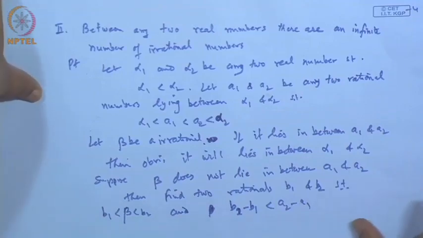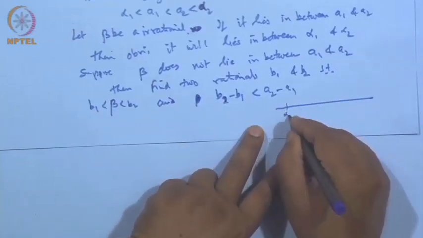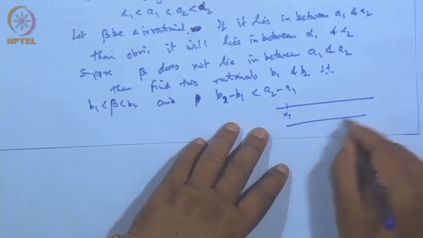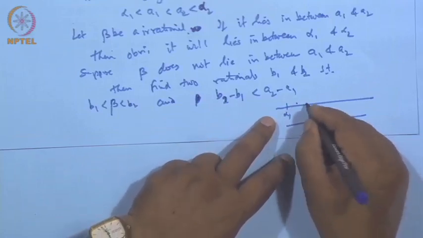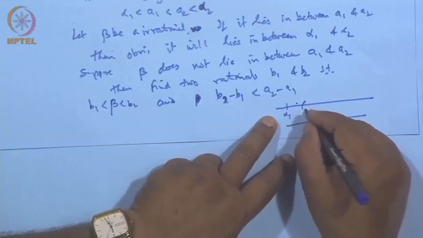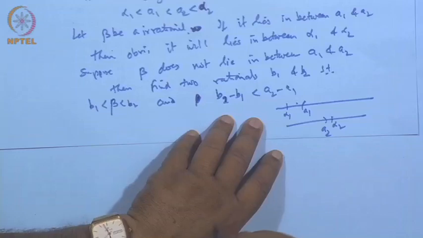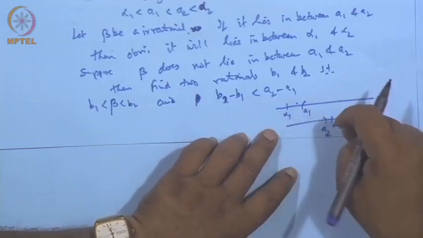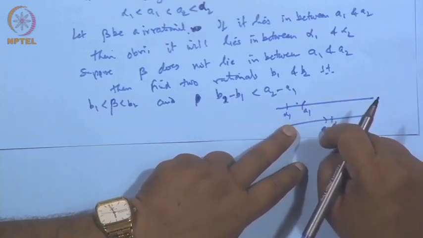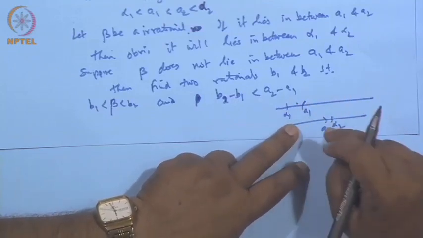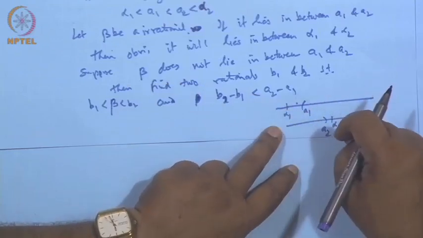Let us see what we did. Suppose we have alpha 1 here and alpha 2 here. In between alpha 1 and alpha 2, I have taken the points a 1 and a 2. There are infinitely many points between them. Suppose beta is an irrational number lying between a 1 and a 2, then obviously it will lie between alpha 1 and alpha 2.